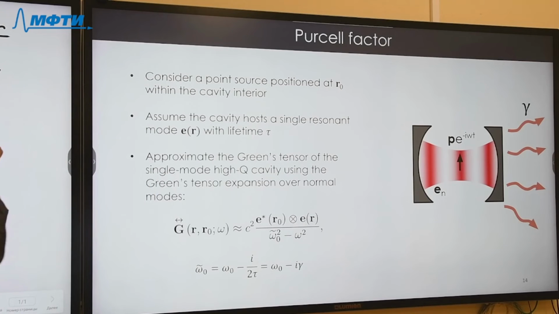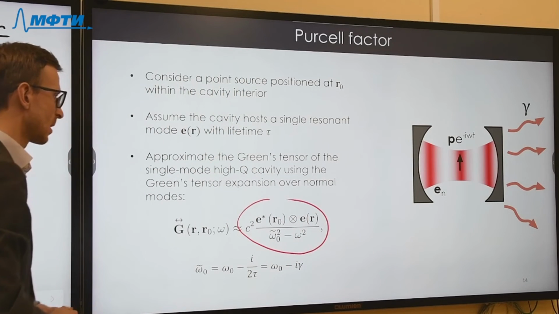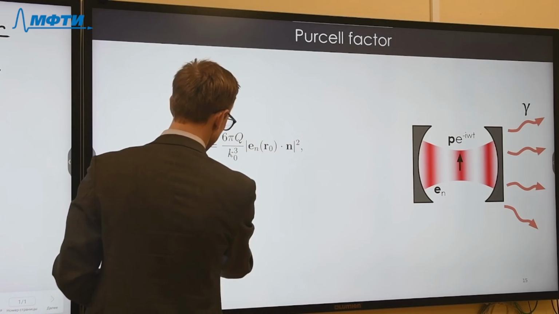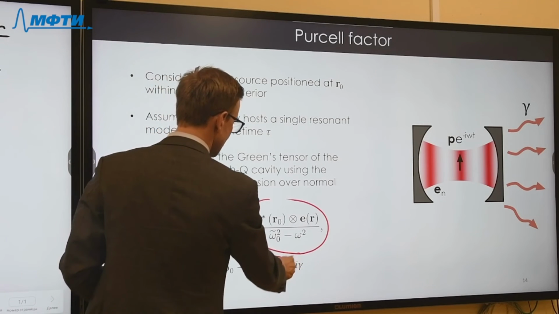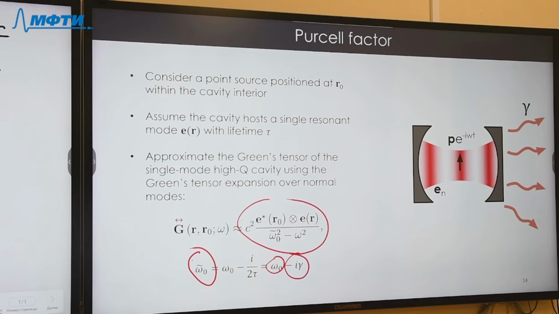So now we can use the expansion of the Green's tensor of the system over eigenmodes. We can write the Green's tensor in the following way, where E is our eigenmode and omega naught tilde is the complex frequency of the mode, which combines the resonant frequency and the lifetime of the mode. Having the Green's tensor, we can, in principle, calculate the density of states at any frequency, and thus we can calculate the Purcell factor.